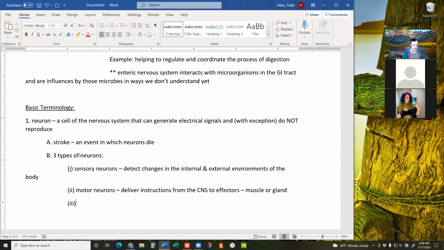And then we have a third category of neuron, which is probably new to our conversation in the course. We haven't talked about this before. These neurons are called integrative neurons. These integrative neurons are also called interneurons, I-N-T-E-R.